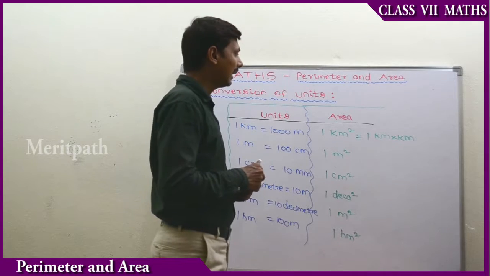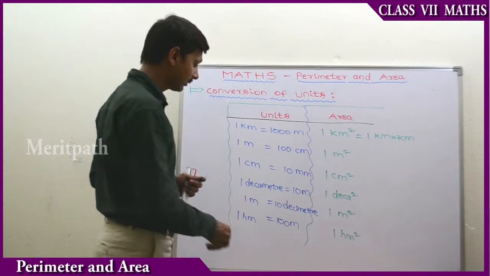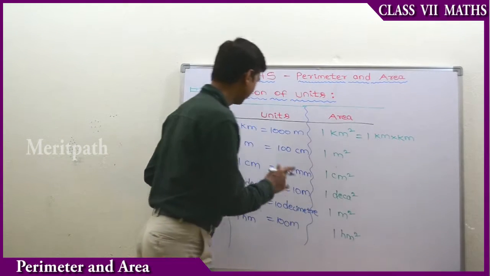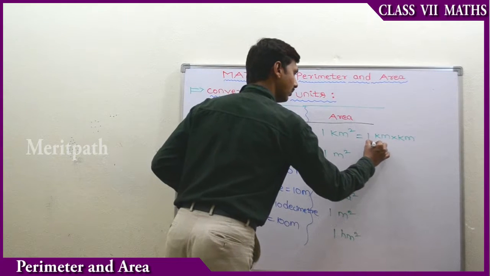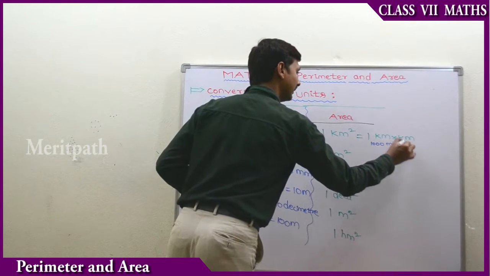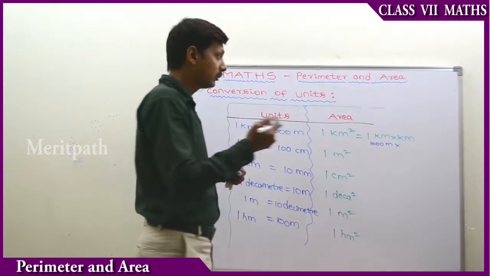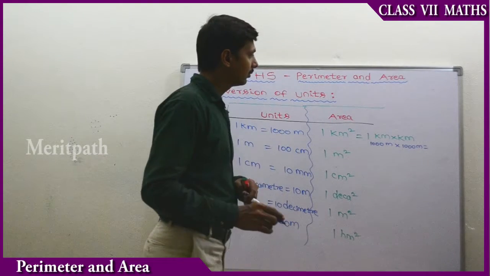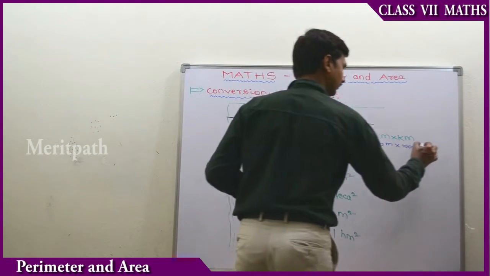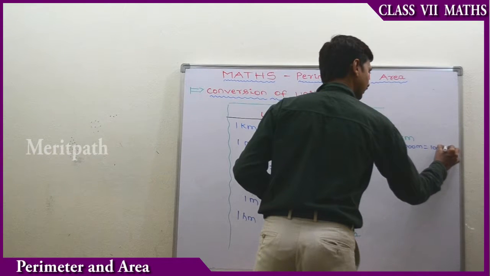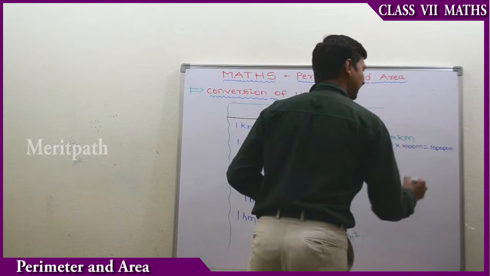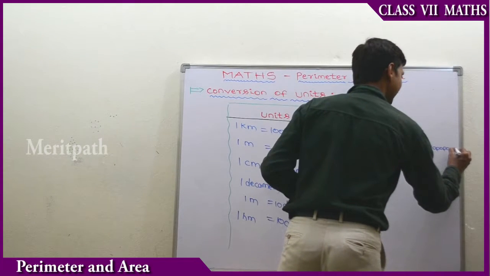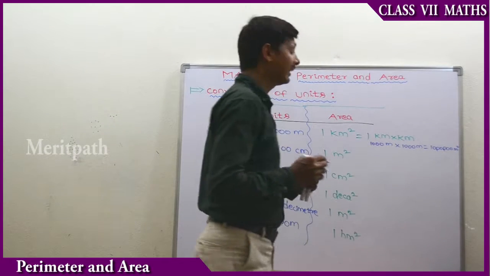But we know that 1 kilometer is equal to 1000 meters, and again we have another kilometer, so we write 1000 meters again. So 1000 into 1000 gives 10 lakhs meter square.